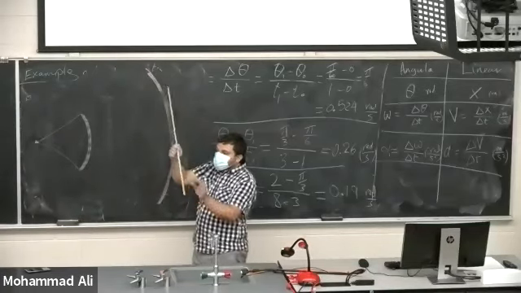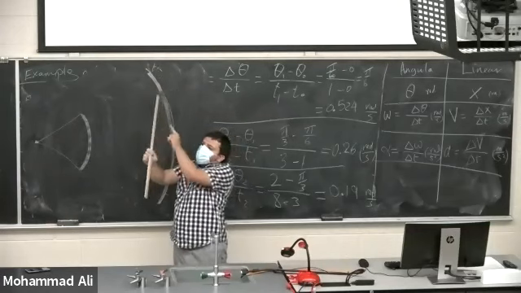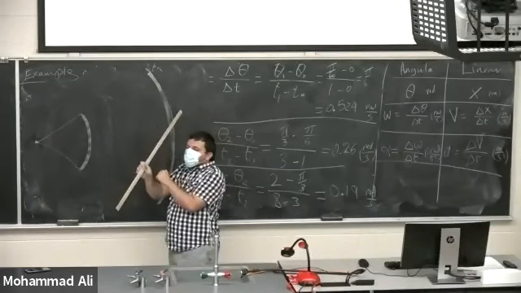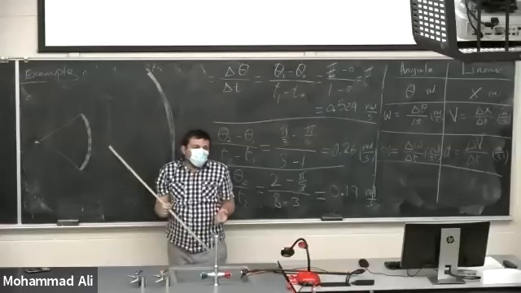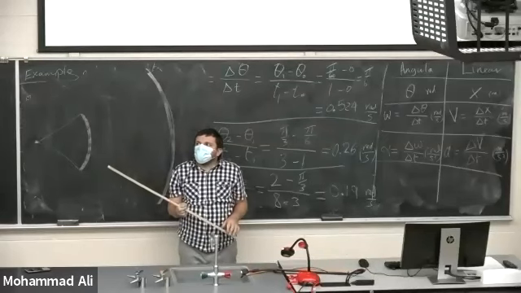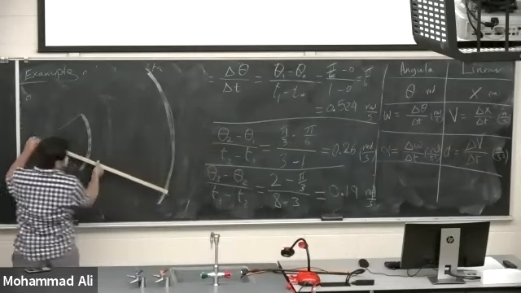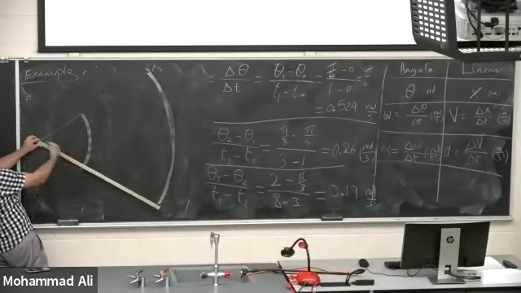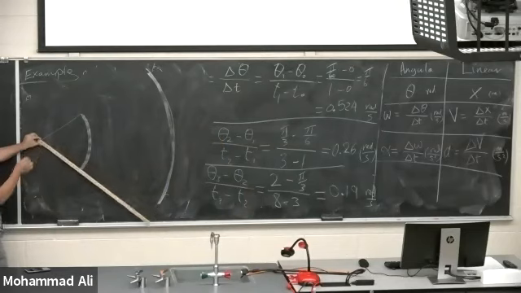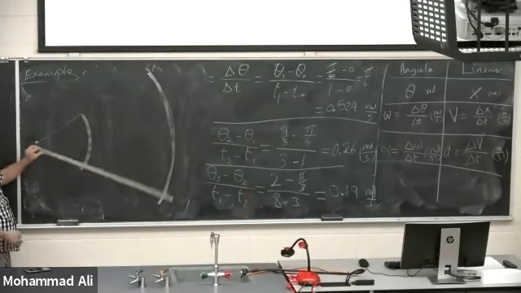So the speed of the points on the rotated object is not the same for all of them, because they have different distances from the rotation axis, right?